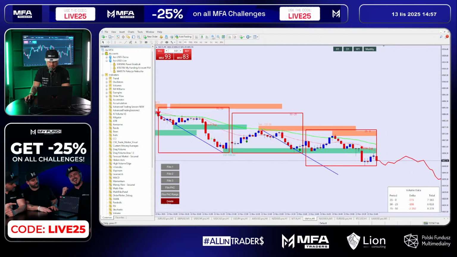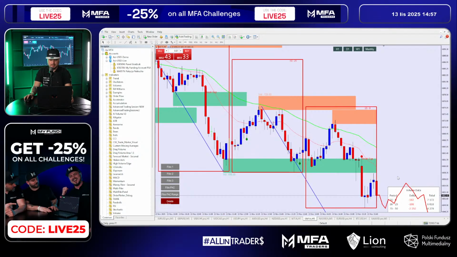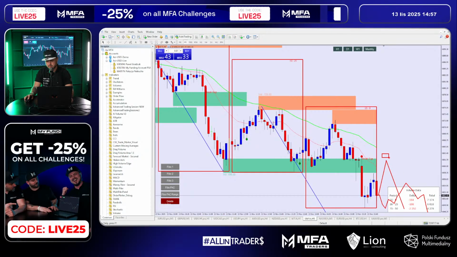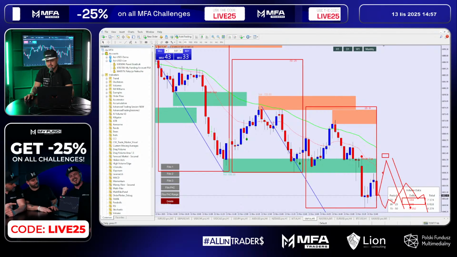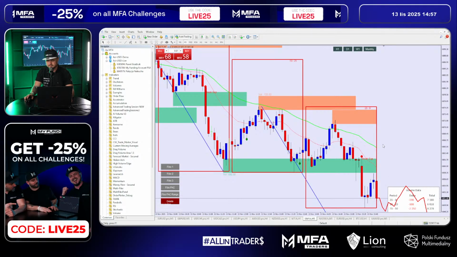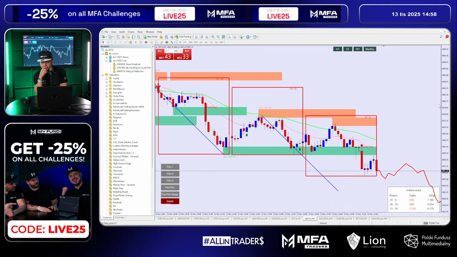Because we might have a retest. The retest may be a little bit stronger, maybe this, and then we're going to have information. We will see. We're going to watch the delta and what's going on in this area right here.